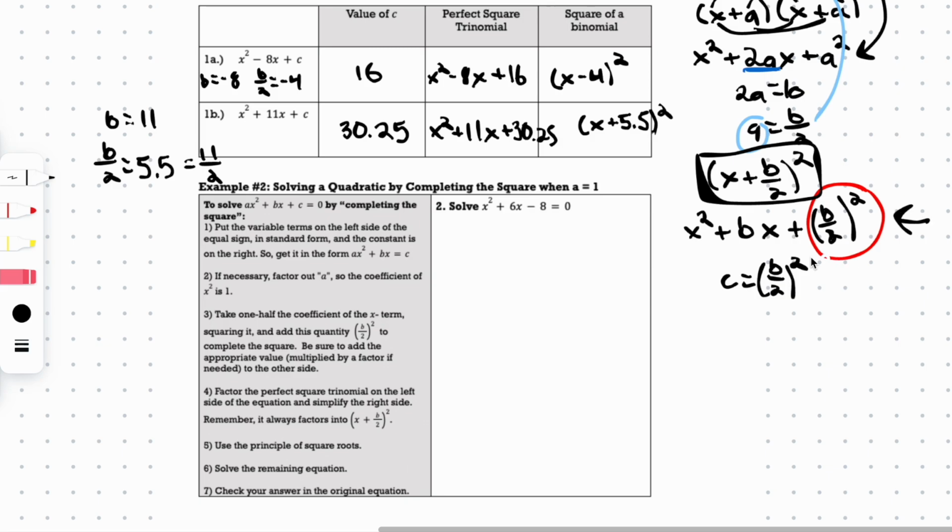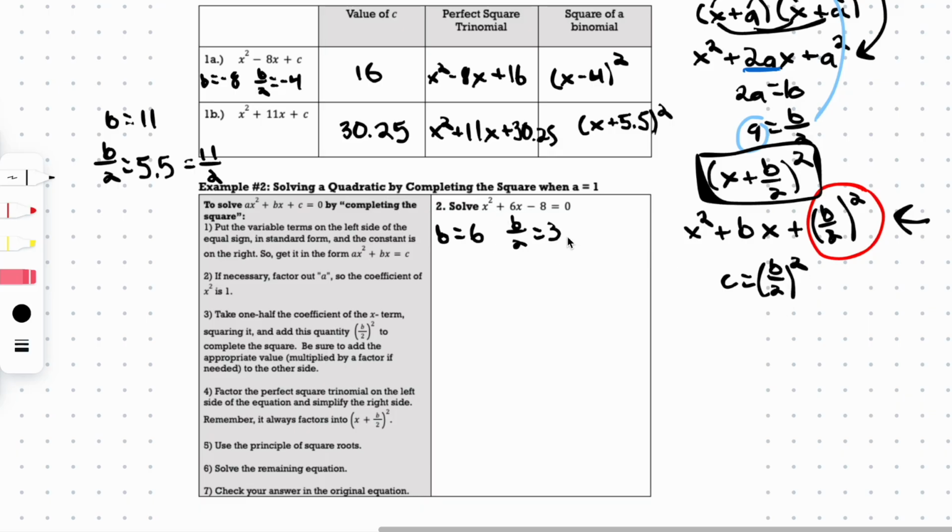So what we're first going to do is find our b value. Our b value is 6. So our b over 2 is going to be equal to 3. Now we want our c value to be, we said c equals b over 2 squared.